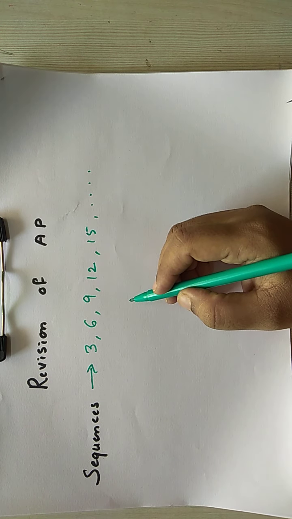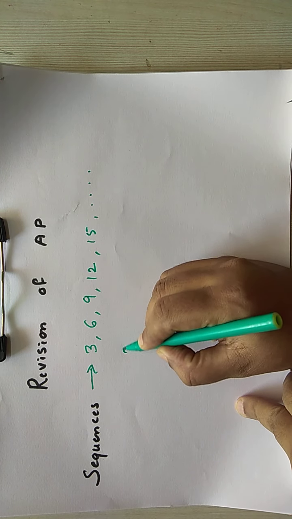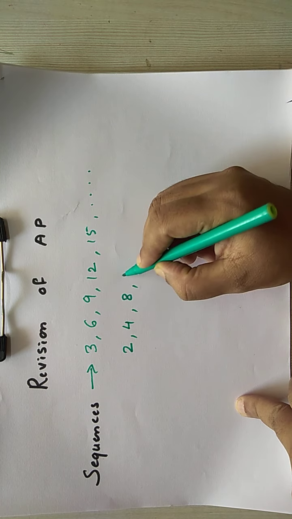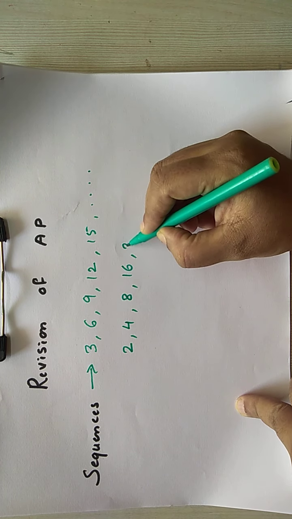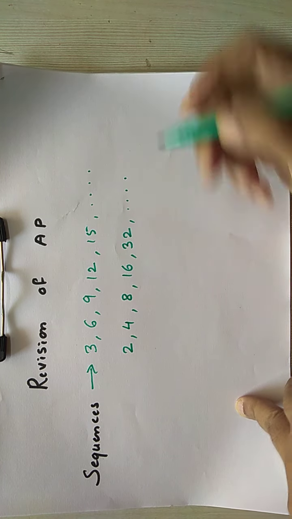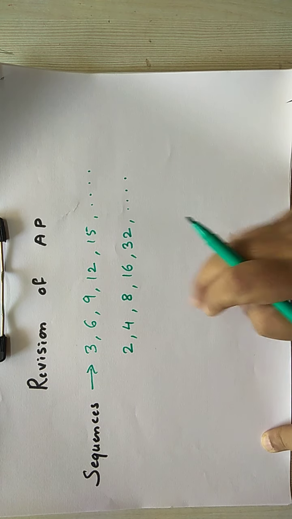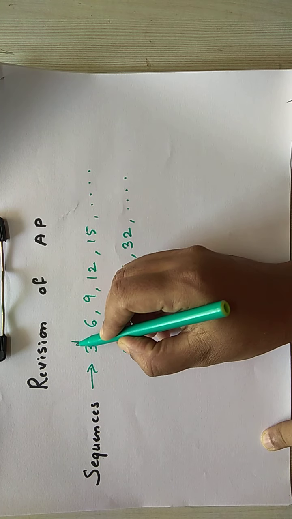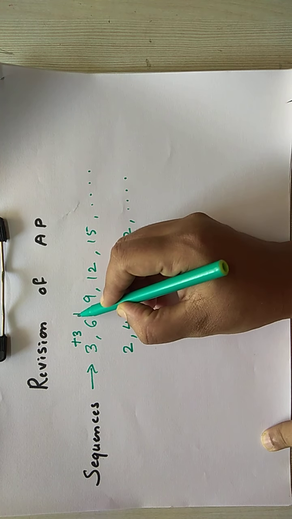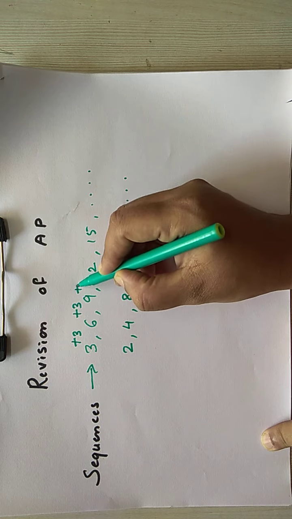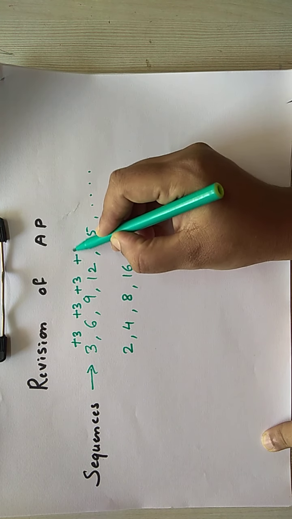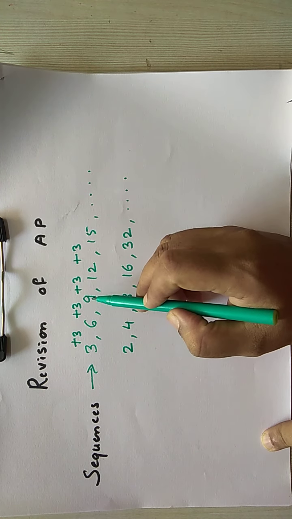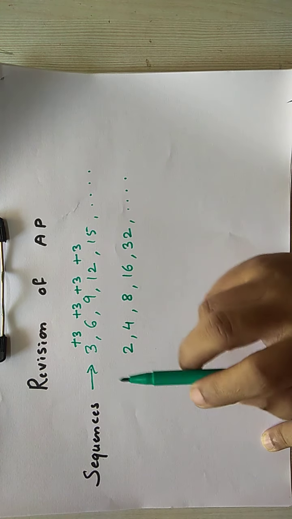And let's take another example where we have 2, 8, 16, 32 and so on. Now if you observe these two sequences, in the first sequence every time you add 3 to get the next number. 3 plus 3, 6; 6 plus 3, 9; 9 plus 3, 12; 12 plus 3, 15.